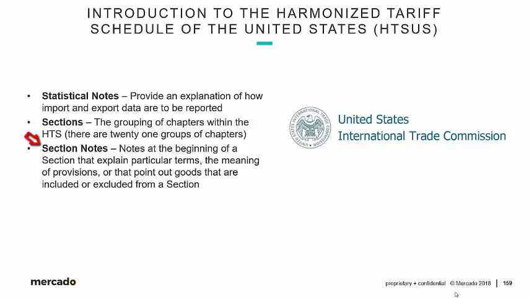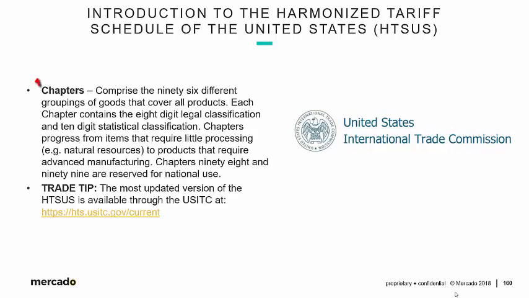Within each section, there are section notes, and they are found at the beginning of a section that explain particular terms, the meaning of provisions, or that point out goods that are included or excluded from a section. If we are classifying products, especially for the very first time, it's a good idea to start with the section and the section notes.